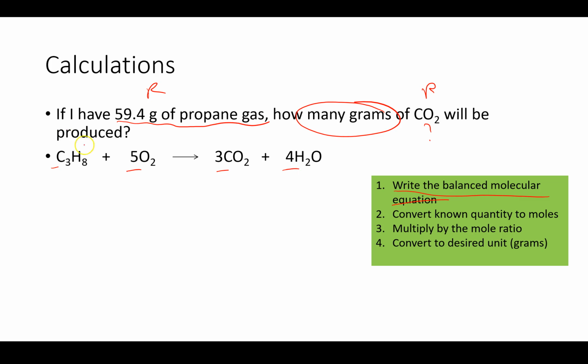But in this case, I'm concerned about the ratio of propane and carbon dioxide. I could also figure out oxygen gas and water, but the question is asking how much CO2 we will produce if we combust 59.4 grams of propane gas.